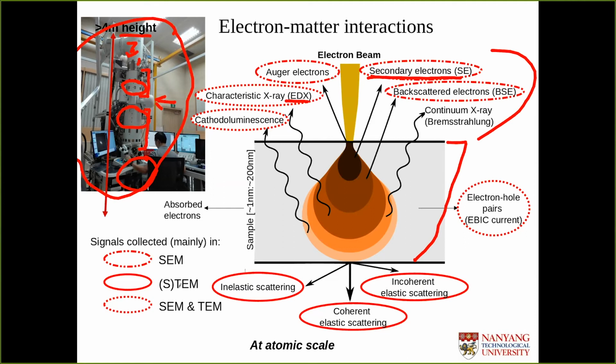But what we do in TEM, in transmission electron microscopy, is record the signals which go through the specimen, and we can classify them in 3 categories. First, we have the coherent elastic scattering. It means there are electrons which didn't transfer any energy to the specimen, and they are still coherent with one another, so we have kind of interference signals.